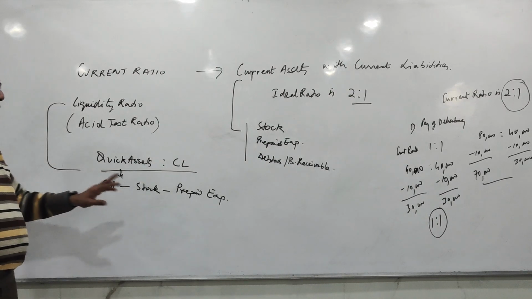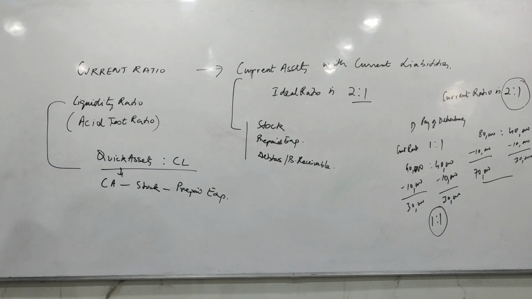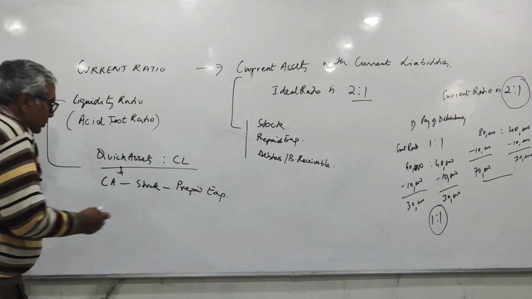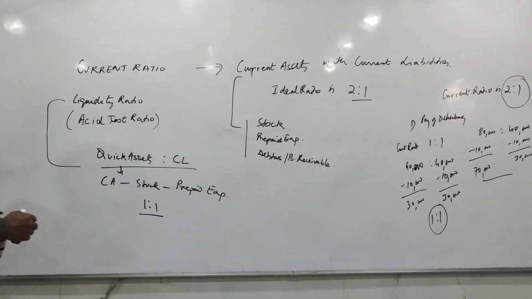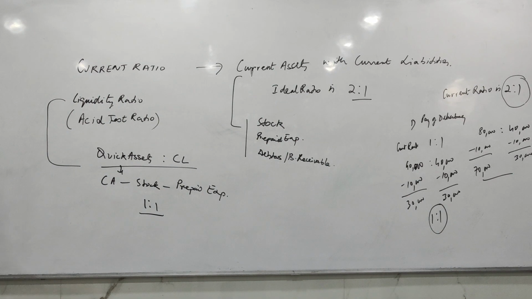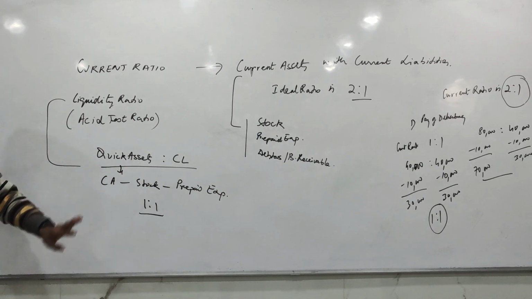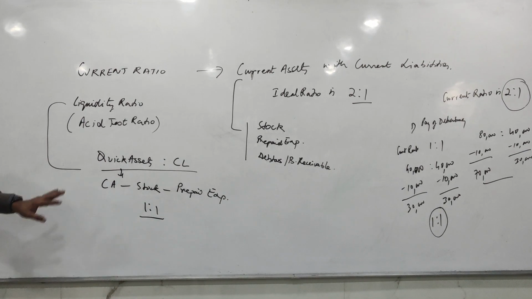So these two items are not included in quick assets. Now we compare quick assets with current liabilities. If this ratio is 1:1, then you are very safe. That means you can pay off the current liabilities with quick assets. Here you won't have any issue.